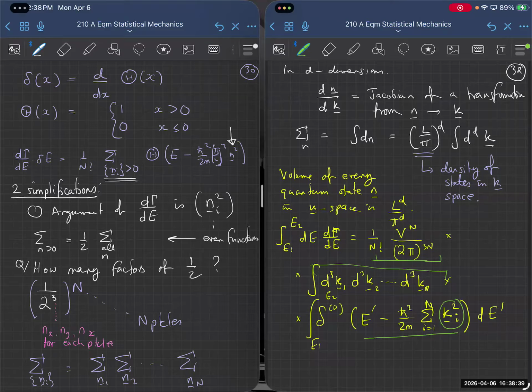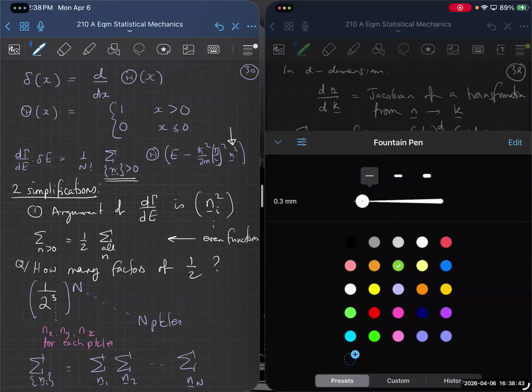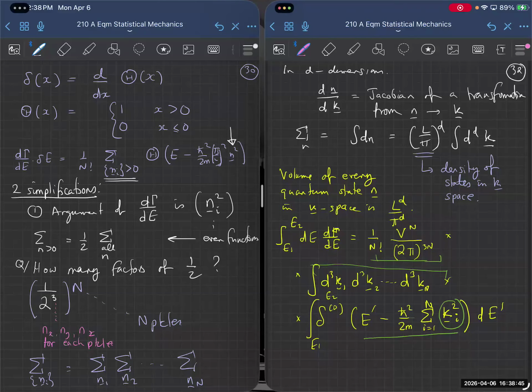These k's, k1, k2, k3, they're dummy variables of integration. How do I know they're dummy variables? Well, they are the variables of integration like so. So when we do this integral, we're going to end up with something that only depends on the limits, E1 and E2, depends on the volume, the number of particles, and some factors of 2 pi, and it will depend on Planck's constant, it will depend on n.